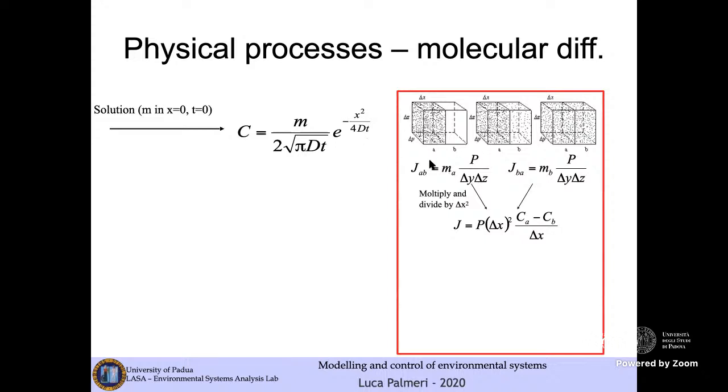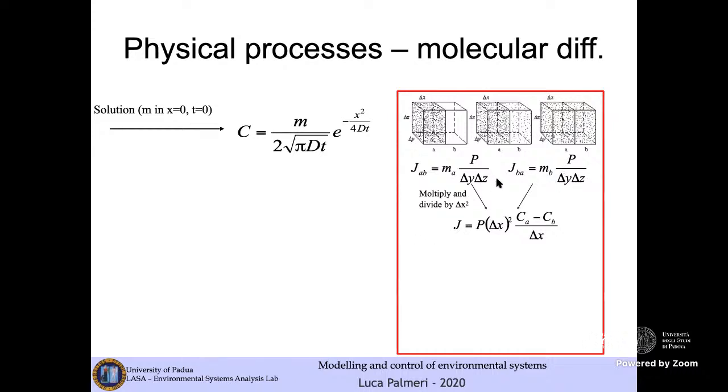We may arrive at the same observation by simply applying a probabilistic approach. So we may rewrite the flows in terms of the quantity of material in A multiplied by the probability of passing from A to B divided by the section. In the other direction, the quantity of material in B multiplied by the probability of passing from B to A divided by the section.